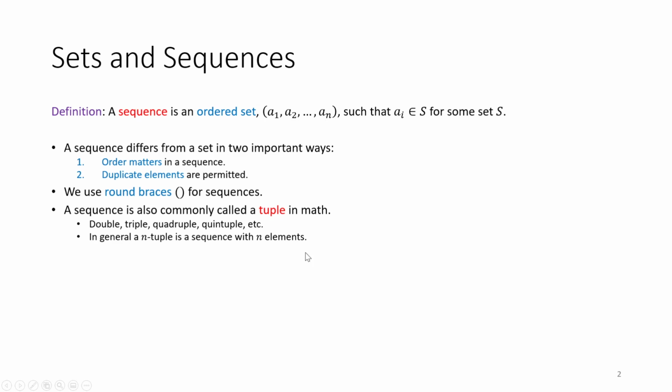Now I mentioned sometimes these are called tuples in math, following the formula here, sort of like double, triple, quadruple, quintuple, and so on. After a while, we run out of words. Around here is where most people say, okay, I don't know what the next one is. I think it might be a hextuple, right?